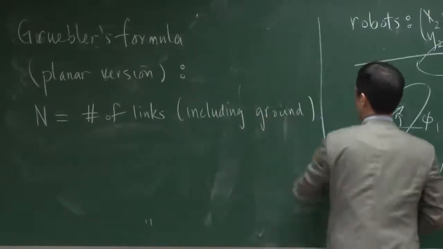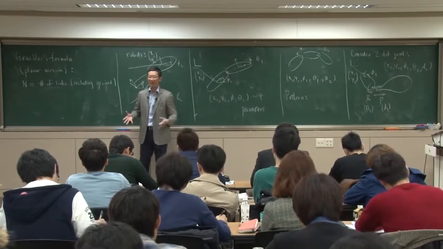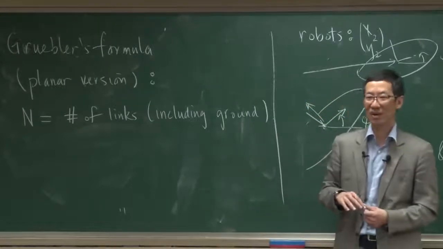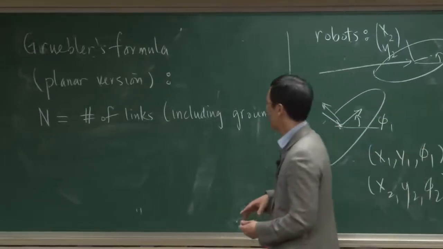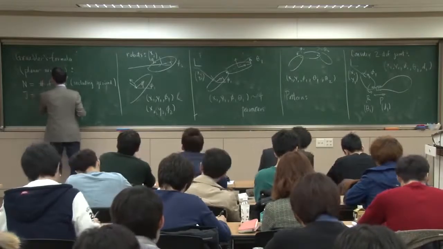So the ground is also a link. I didn't make up the rule. That's how it's been, so that's what we're going to go with. So number of links includes ground. J is the number of joints.